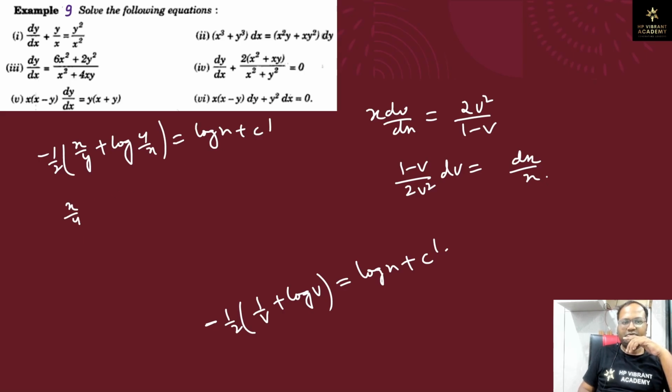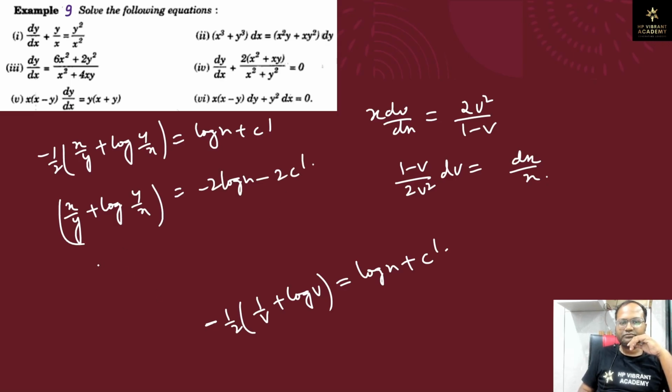We have to multiply by -2. So x upon y plus log of y minus log of x is equal to -2 log x -2 c dash.